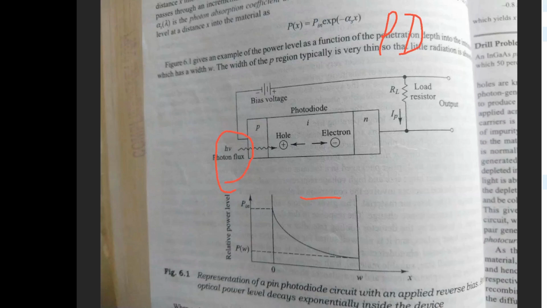This IP is the photo current. Photo current is the output of this process, which is what we are interested in, which in case of a transistor flows between your collector and emitter.